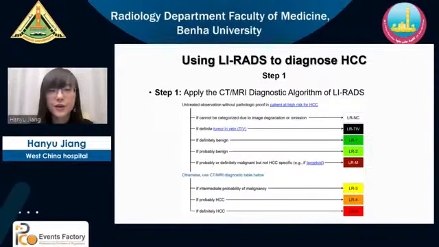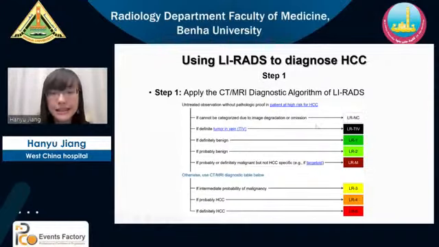Okay, so after determining whether a patient can be applied with LIRADS, the next step of using LIRADS to diagnose HCC is to apply the diagnostic algorithm of LIRADS. Let's navigate through this algorithm. For an untreated observation without pathologic proof in patients at high risk for HCC as described above, if the observation cannot be categorized due to image degradation or omission, let's assign LR-NC.